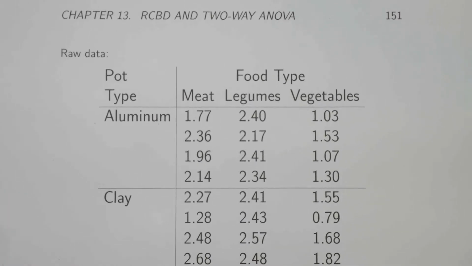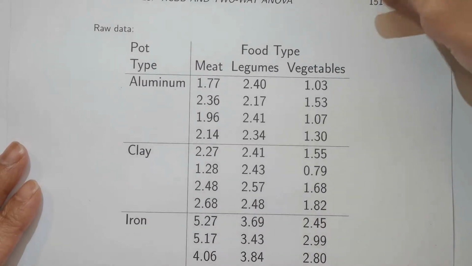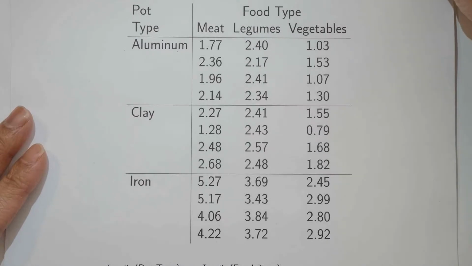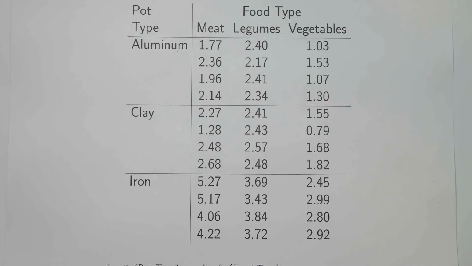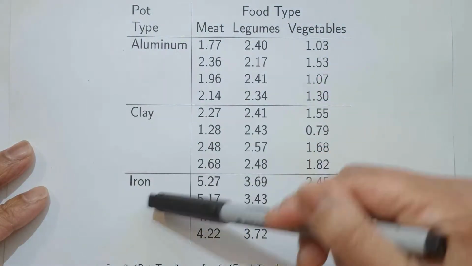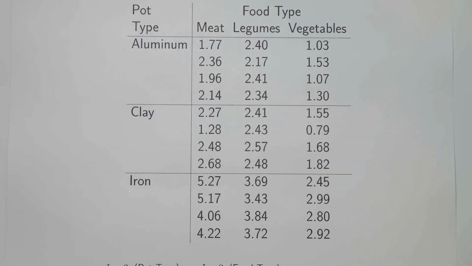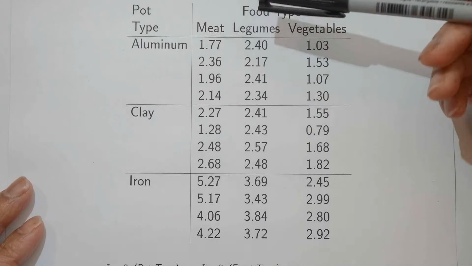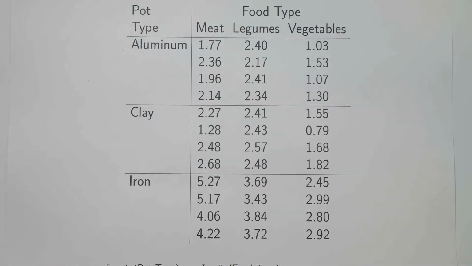Here's what some of the raw data look like. I'm going to try and zoom this out to see if I can fit the whole table on there. So this is on page 151. And what we can see is that we have our three pot types. Remember, this was the treatment of interest, but the iron uptake in the food might depend on the food itself. So the researchers also considered meat, legumes, and vegetables.